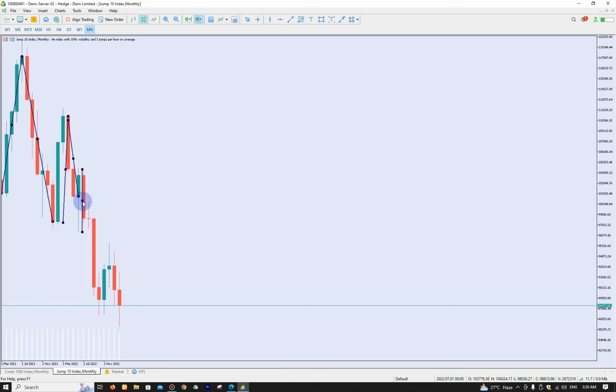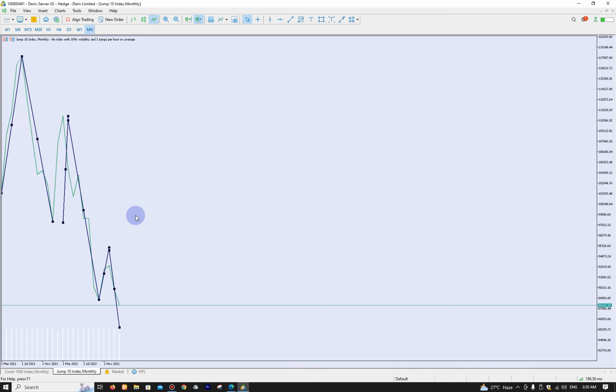We have this strong impulsive move, and we have this correction, as you can see. It's a corrective move, understand? And another impulsive downward move. This is exactly what we have currently on the monthly time frame.